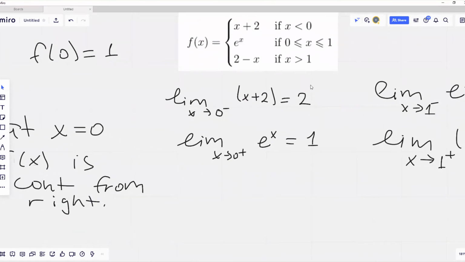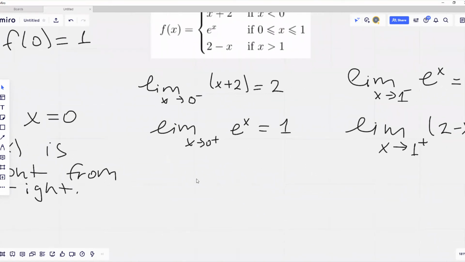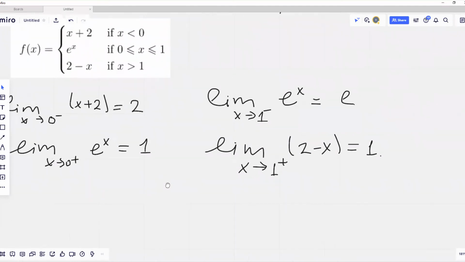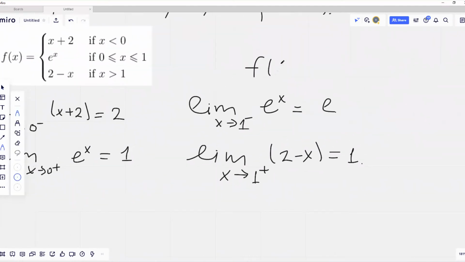Okay, next, let's check point x is equal to 1. And we can see that when we are approaching point 1 from the left side, its limit is equal to e, and the value of the function at point 1 is also e.